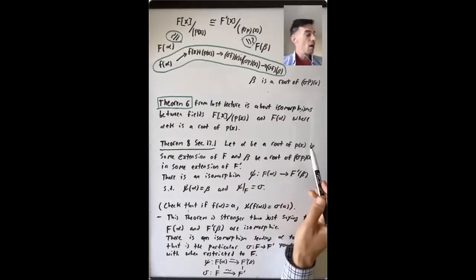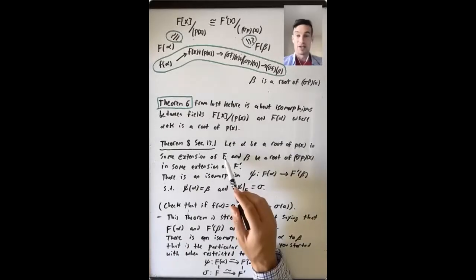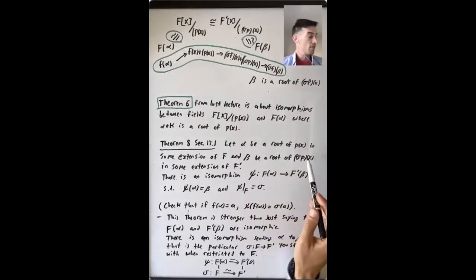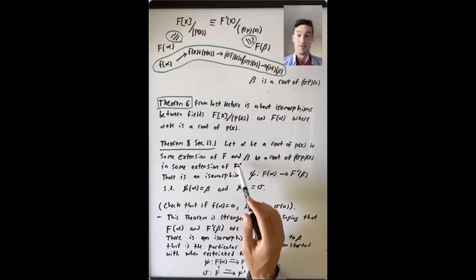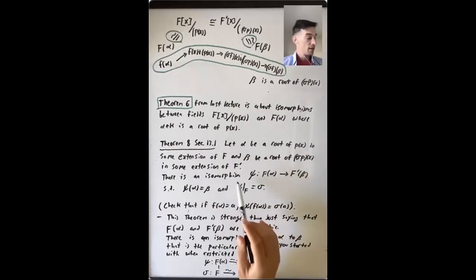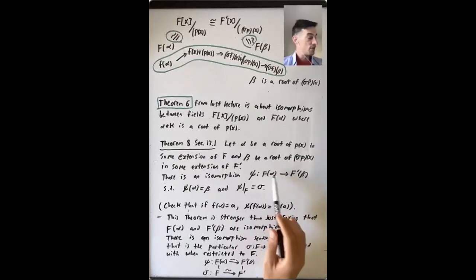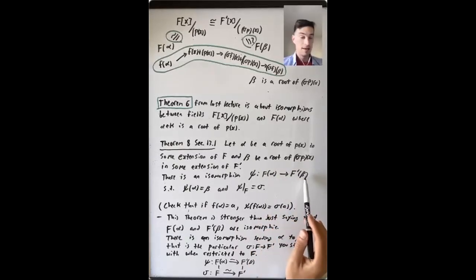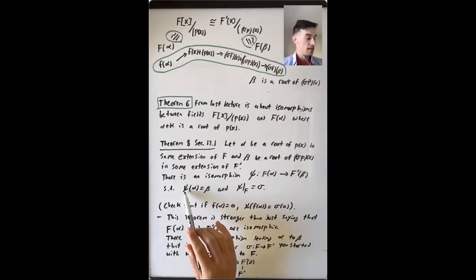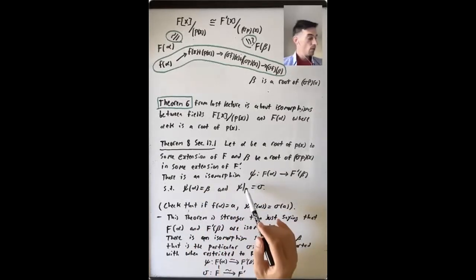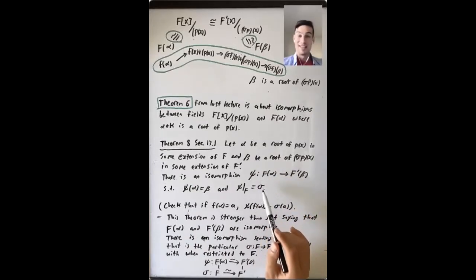It says, let α be a root of p(x) contained in some extension of F, and β be a root of σ(p(x)) contained in some extension of F'. Then there is an isomorphism taking F adjoin α to F' adjoin β, such that this isomorphism sends α to β. And when you take this isomorphism and you restrict it to F, you get this σ, this original isomorphism from F to F' that got this whole thing started.